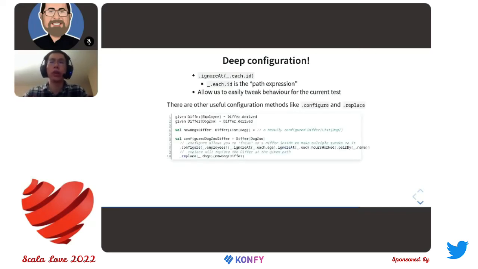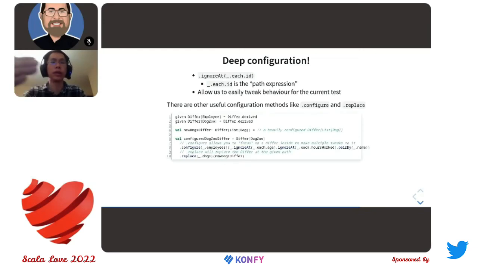For configuration, there are also other methods. For example, like we talked about dog zoos. So now we have employees working in the dog zoos. Let's say on line 4, we have some configuration where we want to configure our list of dogs. Let's say we ignore the dog IDs, right? We don't want to diff that.